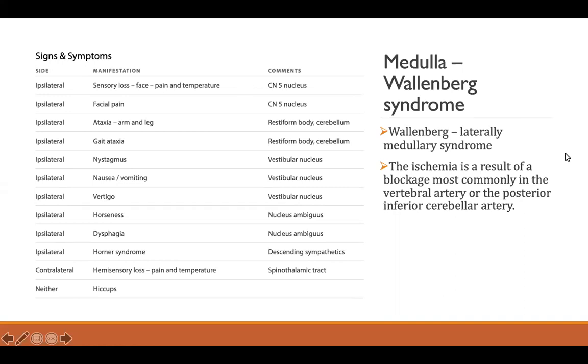They both mean the same thing. You might on PassMed or elsewhere come across it being called both Wallenberg and lateral medullary syndrome, so don't be confused, they're both the same thing. And it's most commonly a blockage in the vertebral artery or posterior inferior cerebellar artery, also known as PICA.